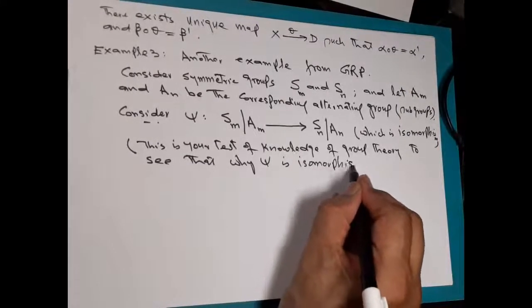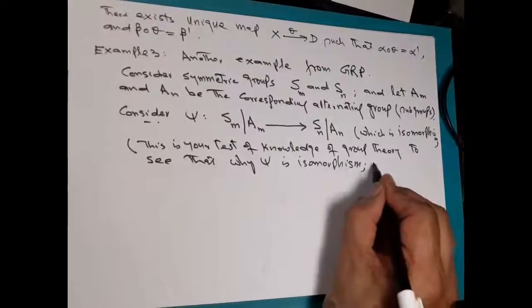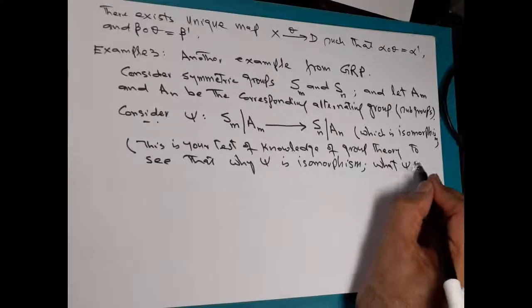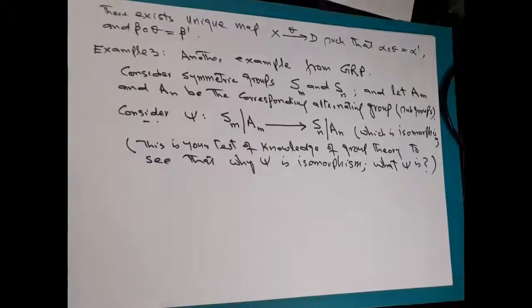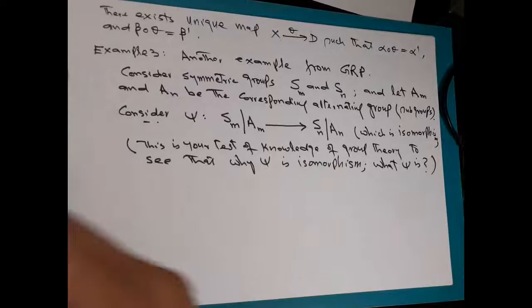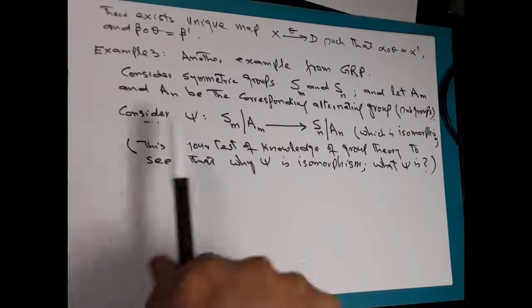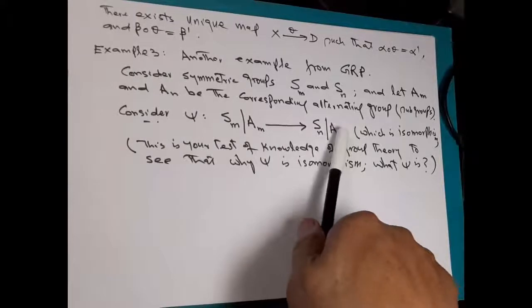Number one, and then what psi is, you can very easily see. So this is up to you to determine that. Anyway, so take this particular group homomorphism, which is in fact an isomorphism, from this quotient group to this quotient group.